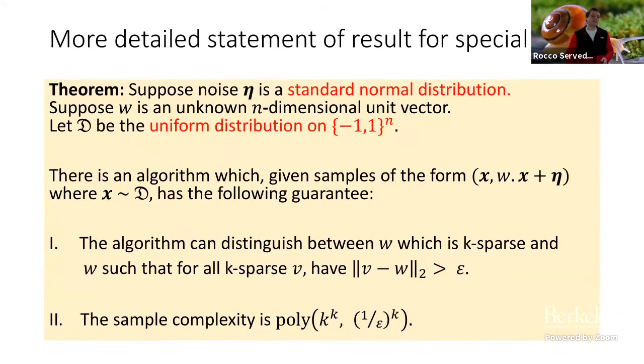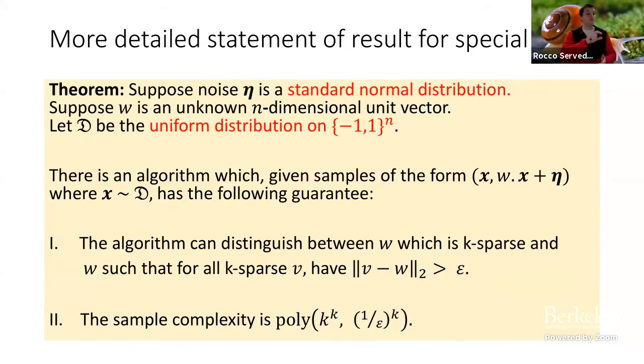Okay, so this is just a slide you've seen before. It's just a restatement of the result in this special case that we've been talking about. I want to highlight the things that are in red because those are things that will be changing when we go to a more general problem formulation in the next slide. So this is just saying if I have noisy data now, let's say that the noise comes from a normal distribution.